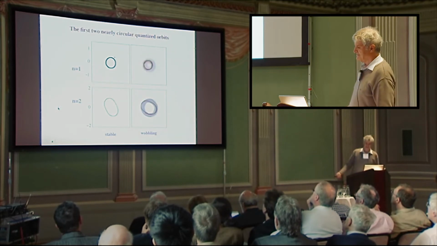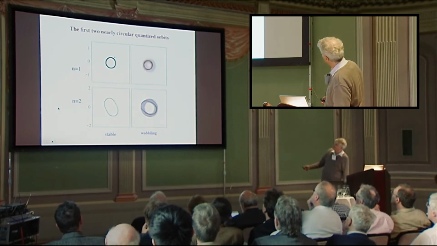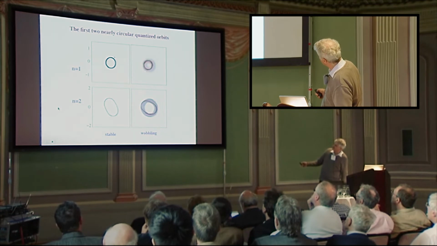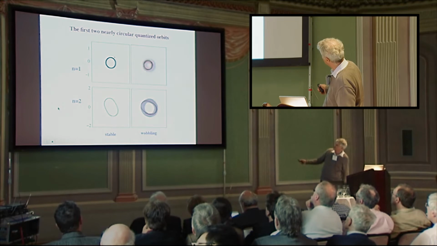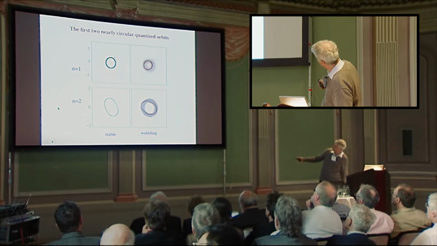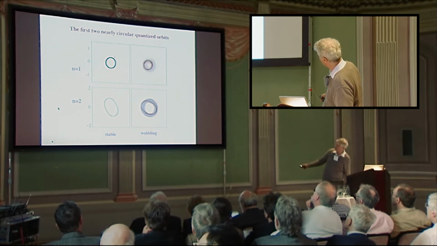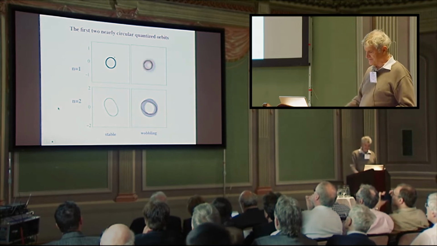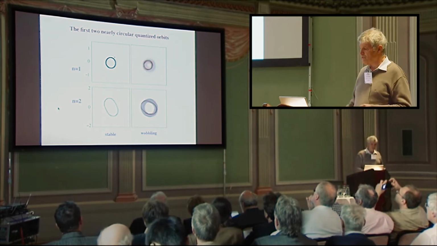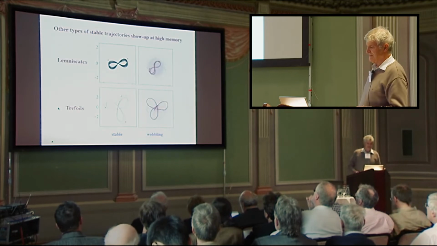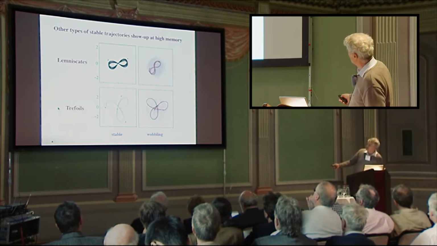Now, the interesting thing, so these are the circular orbits. They can be either completely stable or wobble, but if you look in detail, they're still circular orbits, wobbling circular orbits. But the interesting thing is that they are not the only orbits that you see. Some new orbits show up, and they exist only at high memory.